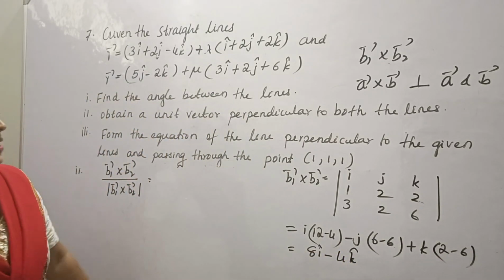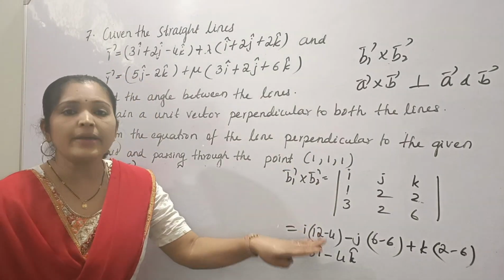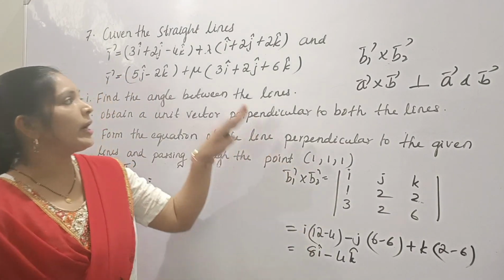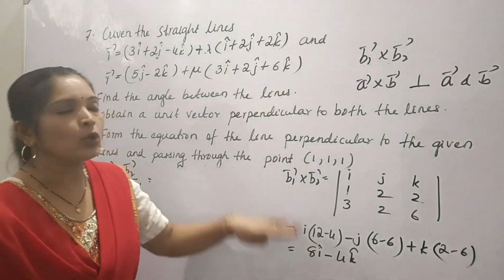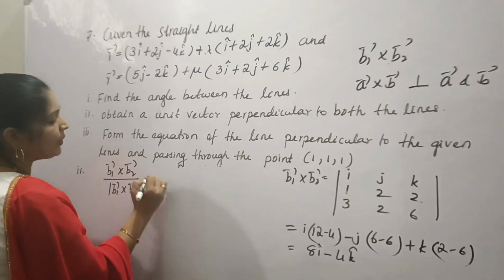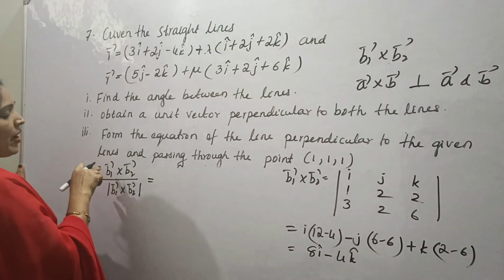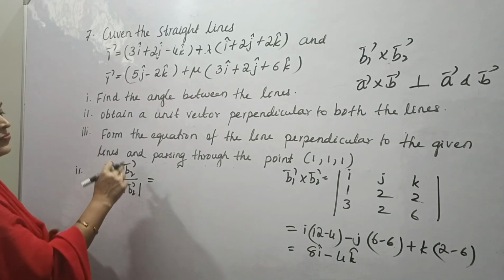See here, this is vector b1 cross vector b2, so it is the vector perpendicular to both of these lines. The unit vector perpendicular to both of these lines is vector b1 cross vector b2 divided by its modulus.